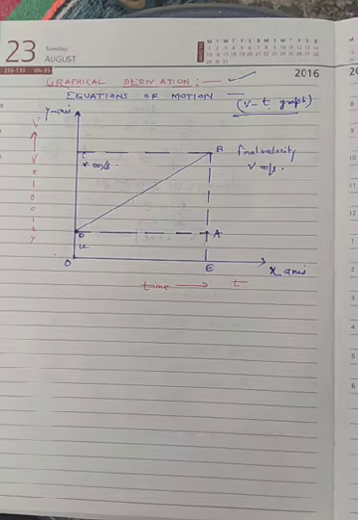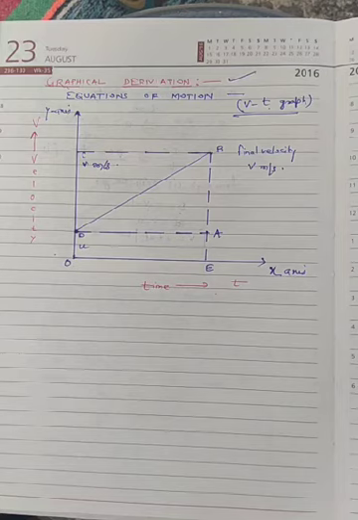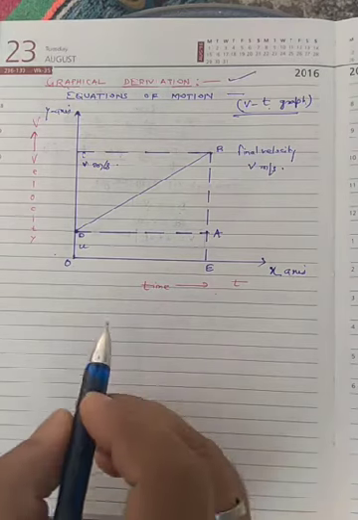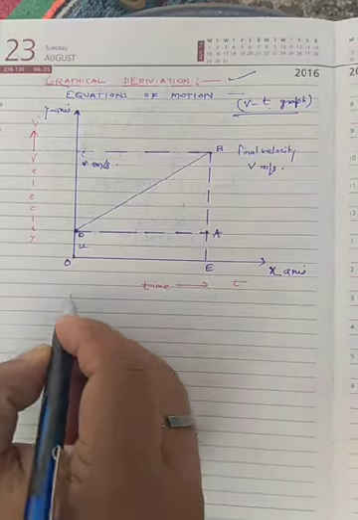Let's write all these things which are essential in putting together the graphical derivation. What will we write?